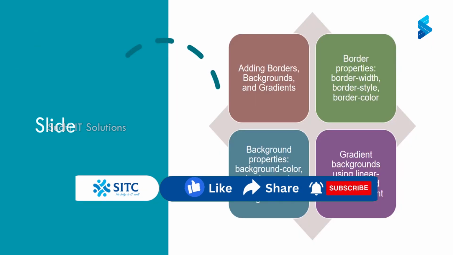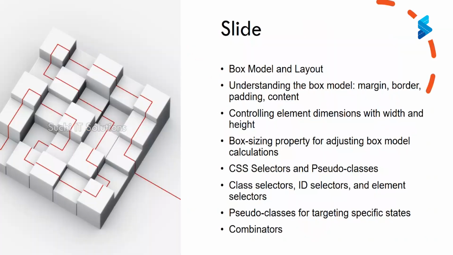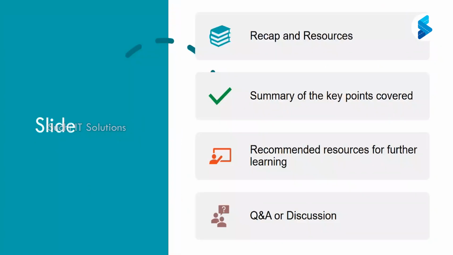We are also going to learn how to use borders, border background, the border properties, border width, style, and color. These are the things we are going to focus on today. Okay. So that is the main agenda.